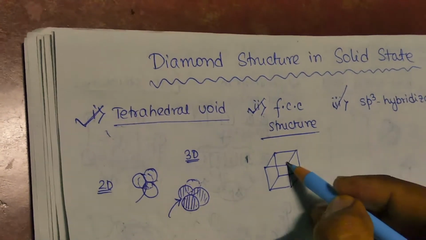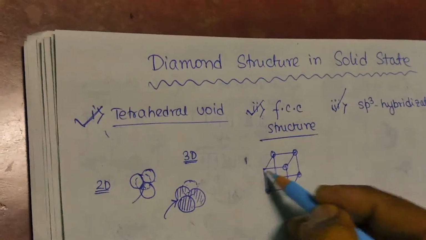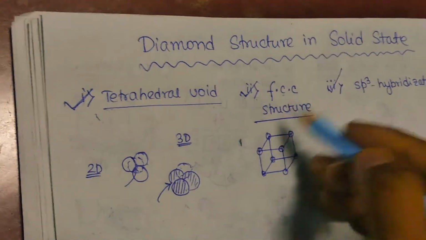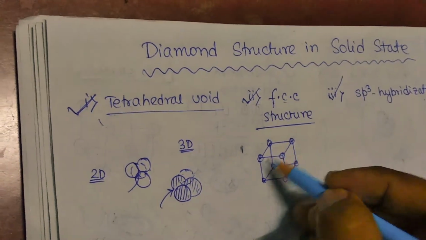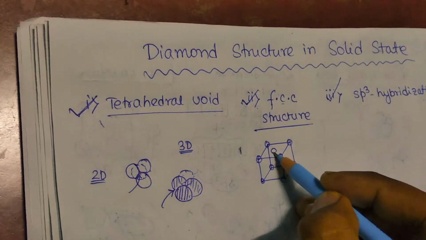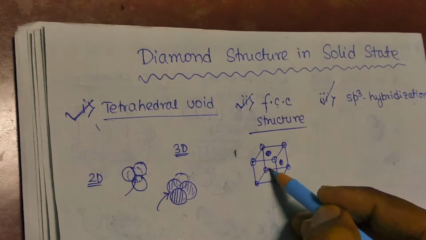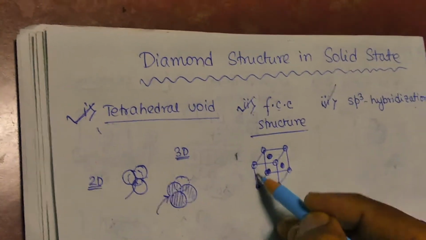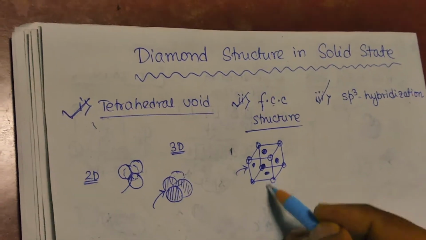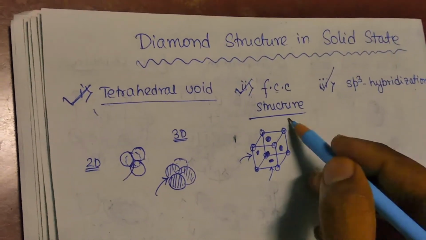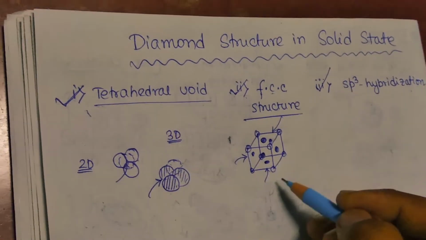The corner atoms are here, and face centered cubic means there are other atoms on the faces: one on this face, one on this face, this side face, the lower face, and the back face. So this is the FCC structure.